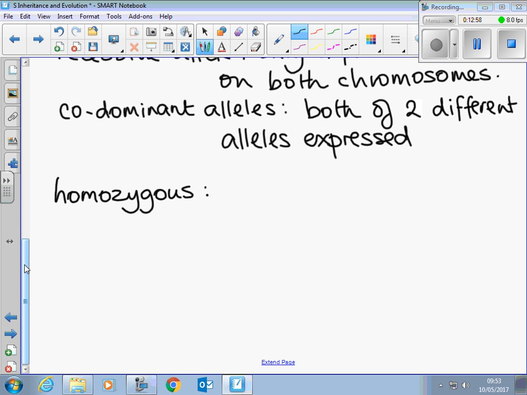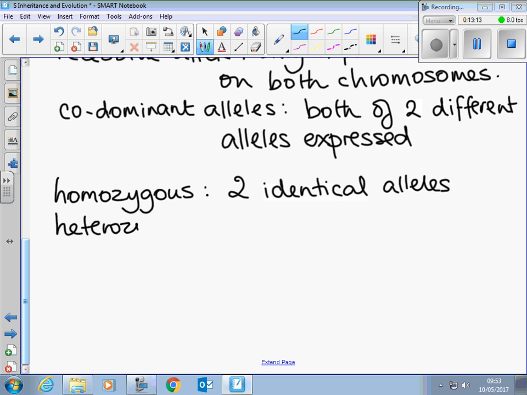So an individual with two identical alleles. And so the other option is heterozygous, where we'll have two different alleles.